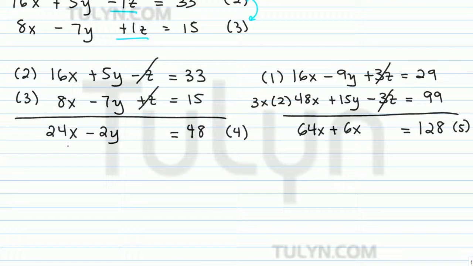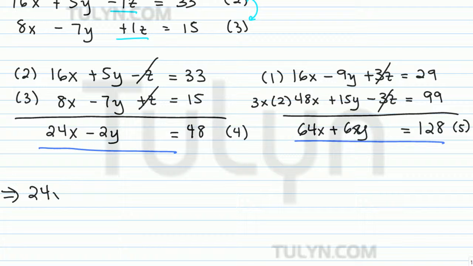So now these two equations form a linear system in two variables. Oh, excuse me, that's y. And so now we can solve as usual. So rewriting these equations, we get 24x minus 2y is equal to 48.